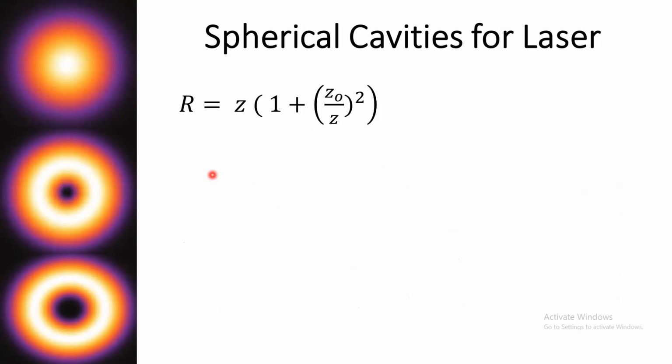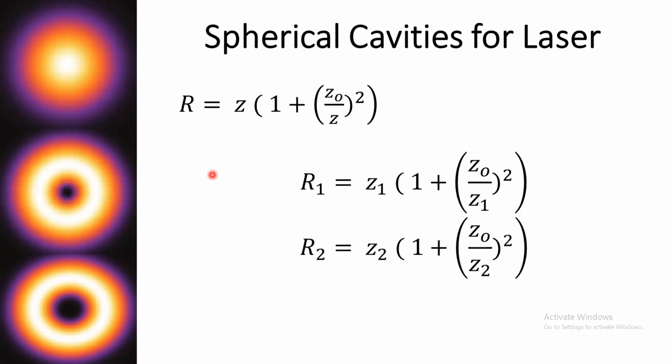Okay, so basically, we have two mirrors. So simply, you will say that the first mirror R1 equals Z1, where Z1 is the distance traveled by the photon till it reaches the first mirror, times 1 plus Z node over Z1 all squared. And R2 equals Z2 times 1 plus Z node over Z2 all squared.